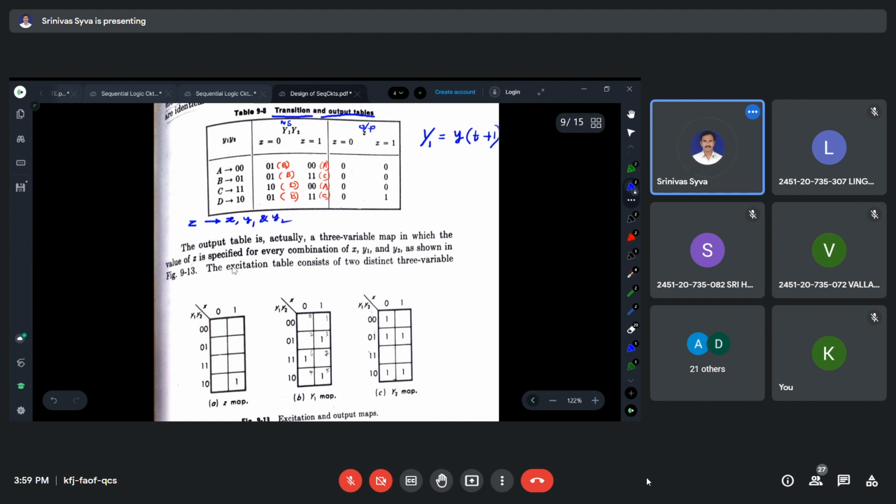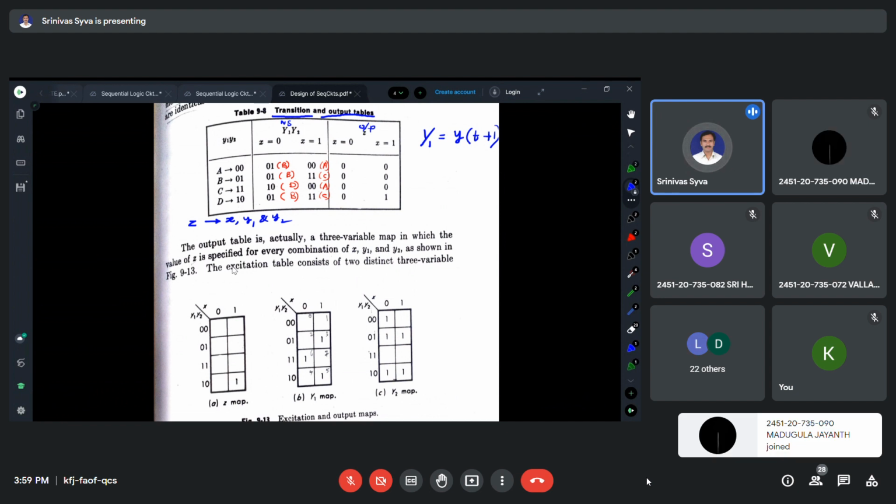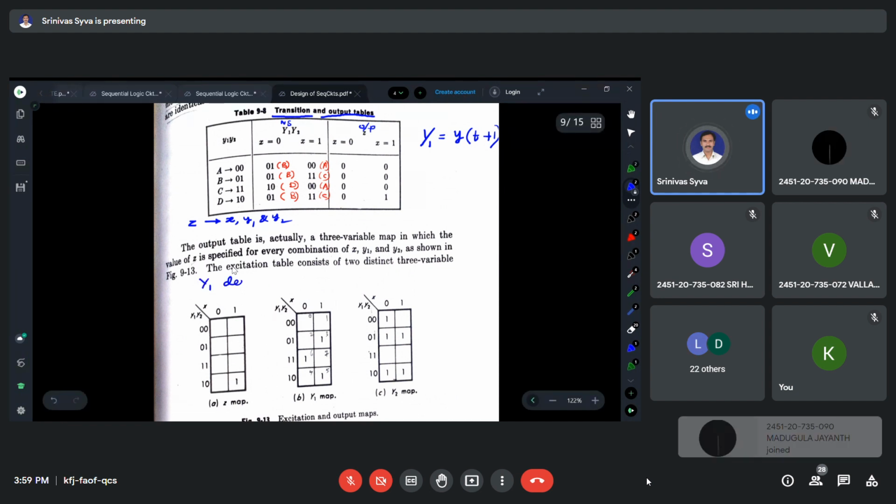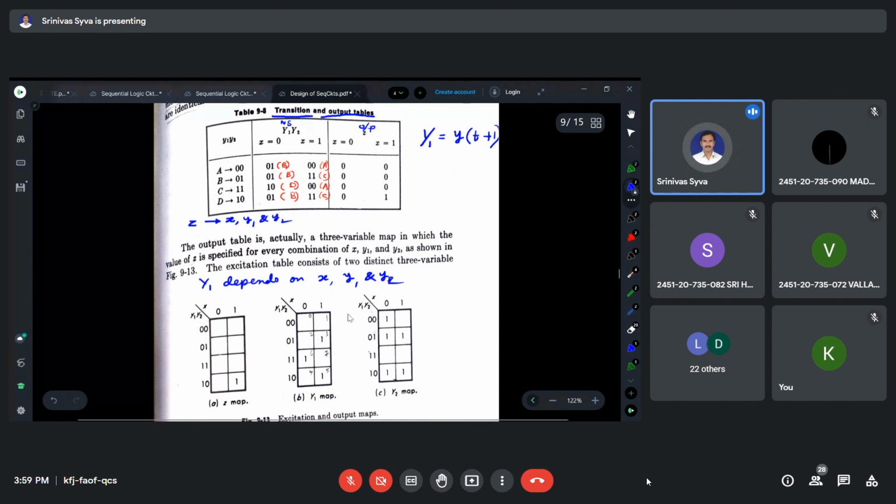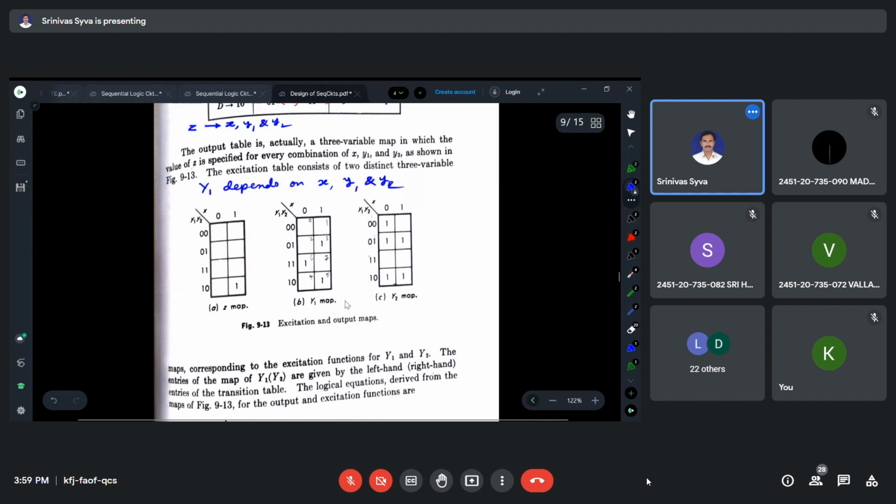Similarly Y1 also depends on X, Y1 and Y2. So in terms of X, Y1 and Y2, we are drawing the Karnaugh map for Z, for Y1 and for Y2.